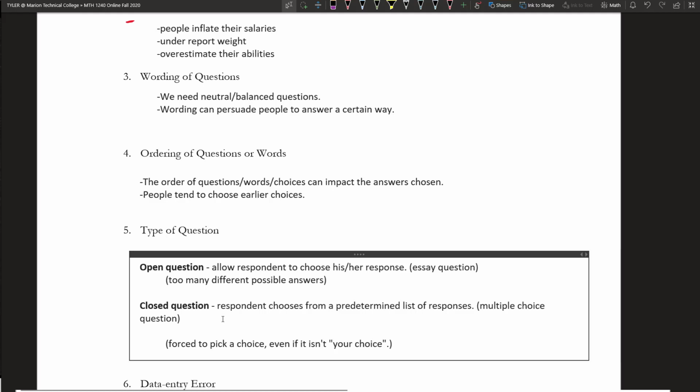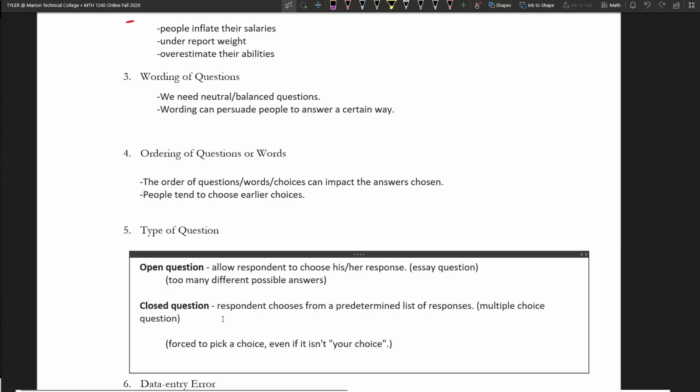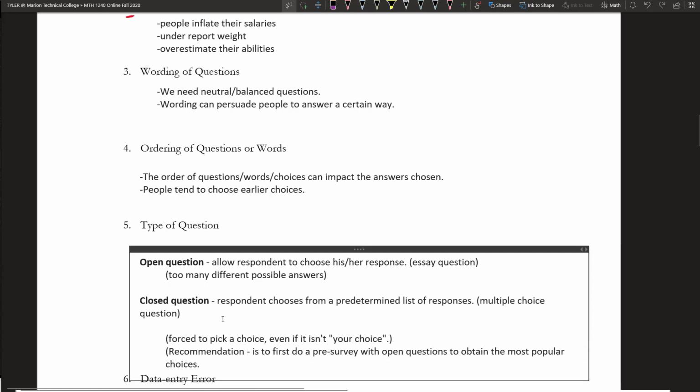So a recommendation for closed questions is to first do a pre-survey with open questions to obtain the most popular choices. Right?